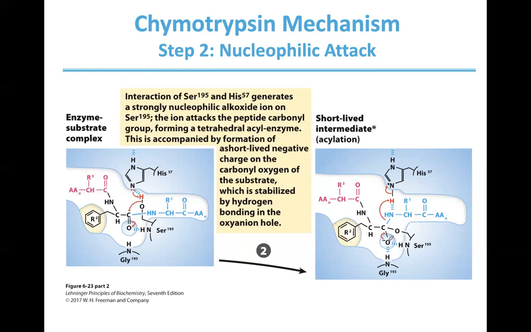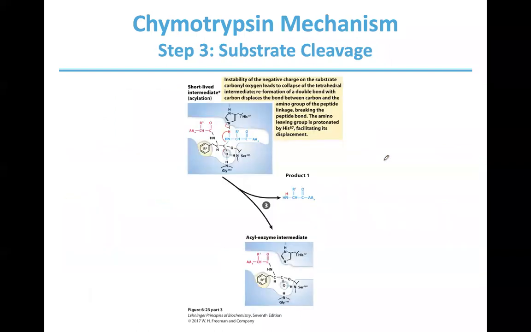So the electrons come back, and the carbon-oxygen bond, which connects now the peptide to the enzyme, stays, but the carbon-nitrogen bond, which was part of the peptide bond, now breaks. And all the electrons come back toward this original aspartate. So now this collapses.